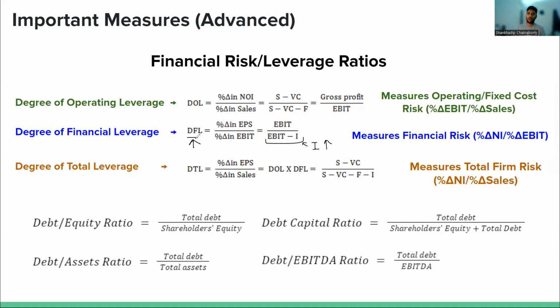Because think about it this way. If you have like 80% debt in your company and only 20% equity, and you really lose out in sales, let's say there's a recession, let's say COVID hits, all of a sudden you have to pay off a ton of interest and you don't have sales. That's what high leverage does.